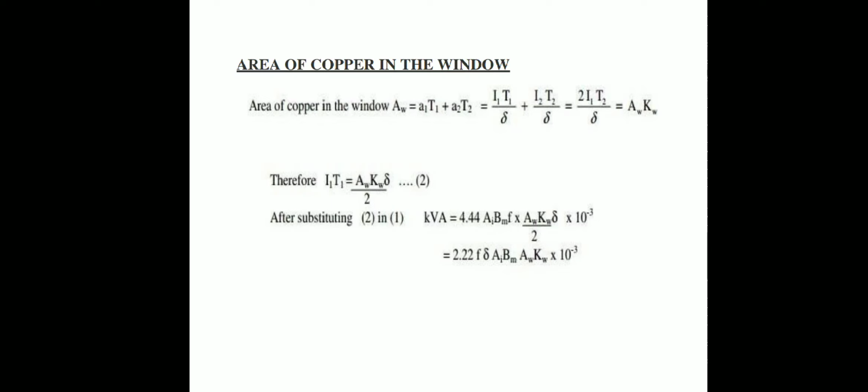The similar functions, after substituting 2 in 1, KVA becomes 4.44 phi m f into AW KW delta upon 2 into 10 raised to power minus 3. Solve this, you will get 2.22 f delta AI BM AW KW into 10 raised to power minus 3.